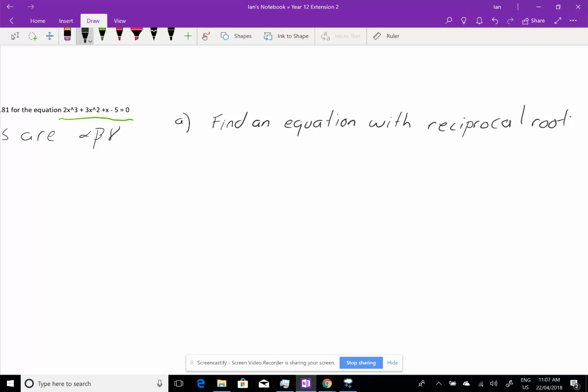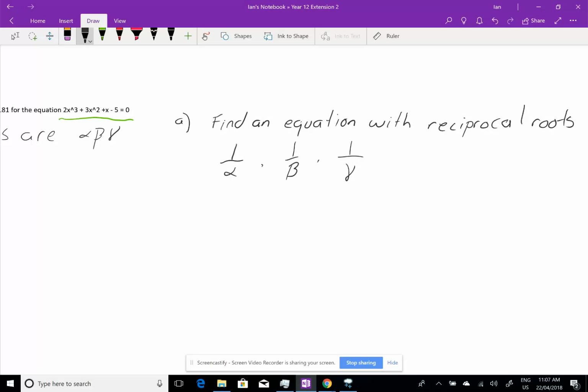And this is an easy transformation. So there's my original equation, but I want an equation where the roots are 1 on alpha, 1 on beta, and 1 on gamma. So all the roots are reciprocals. So if I had the equation originally, I could put 2 alpha cubed plus 3 alpha squared plus alpha minus 5, and that would equal 0 because that's a root.